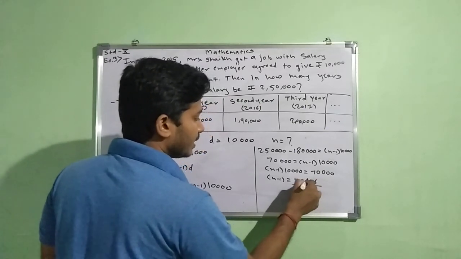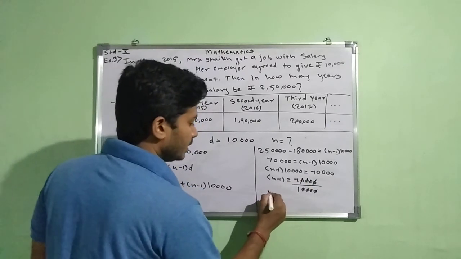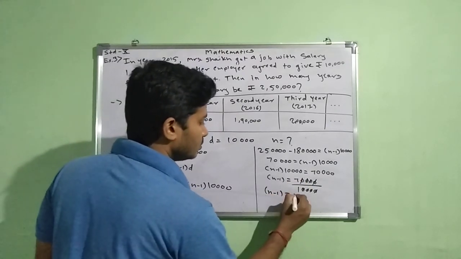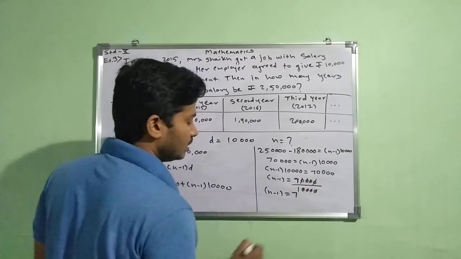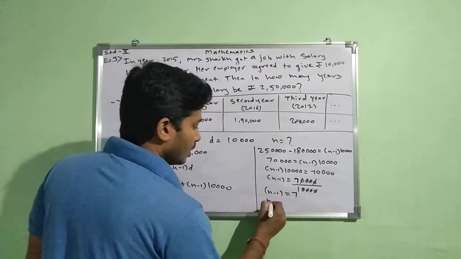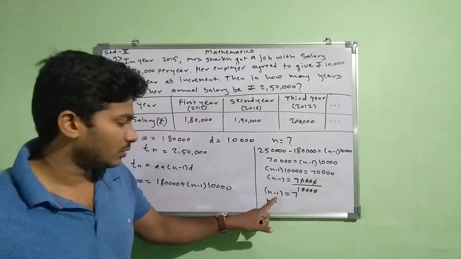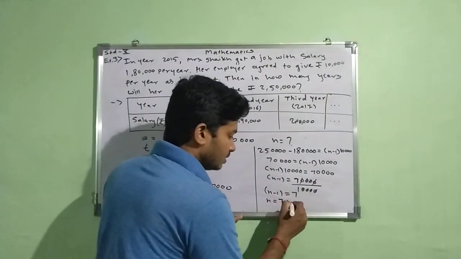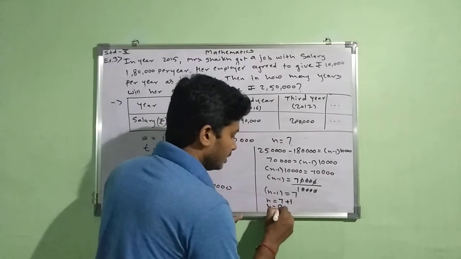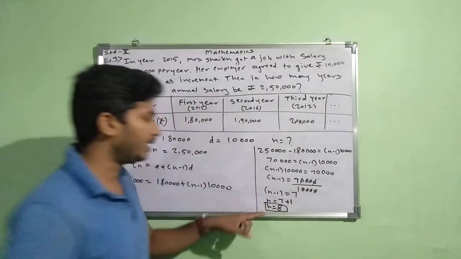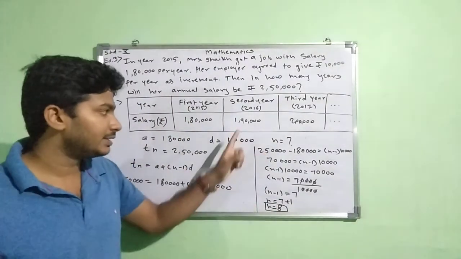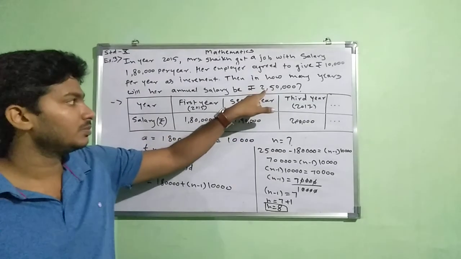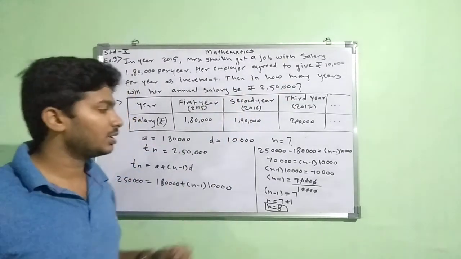All the zeros will get cancelled, so we will get n minus 1 is equal to 7. Now we shift that 1 over there, so negative 1 becomes positive. 7 plus 1, so n is equal to 8. Here we got the value of n as 8. That means in the 8th year her salary will become 2,50,000 per year.